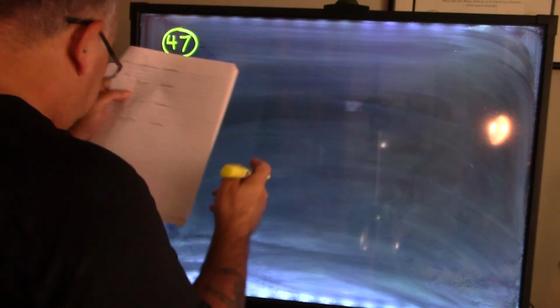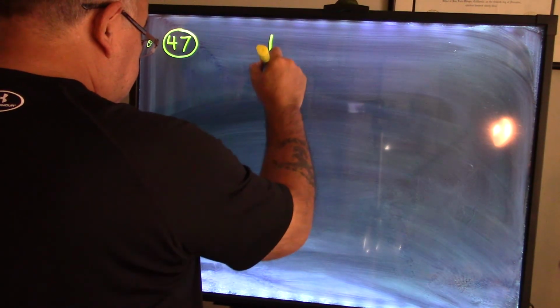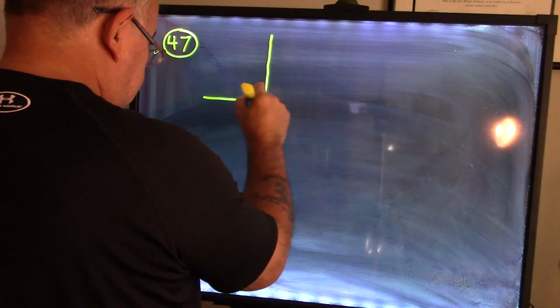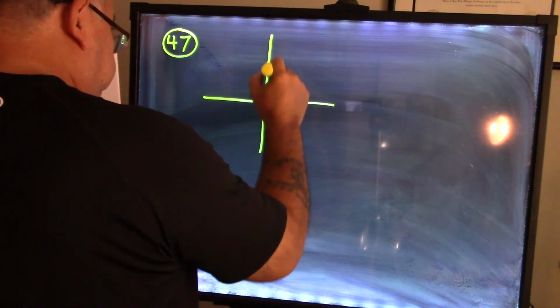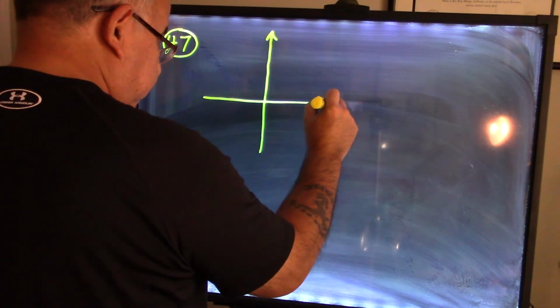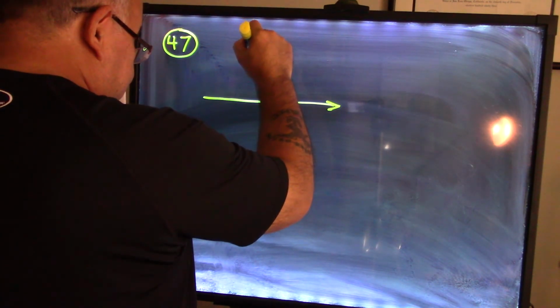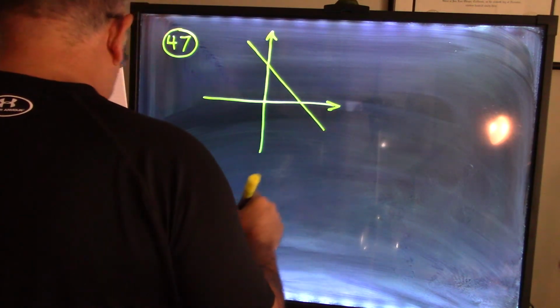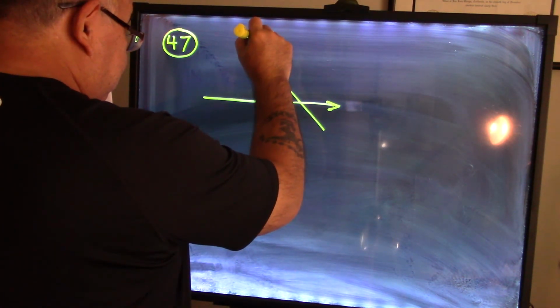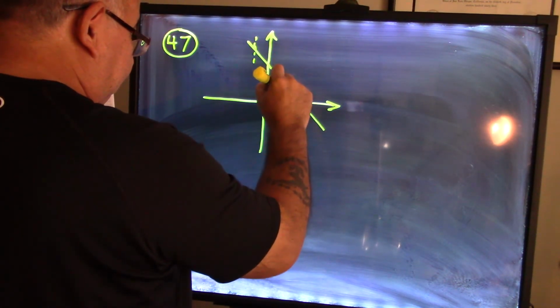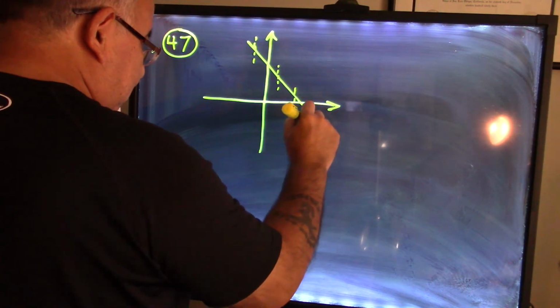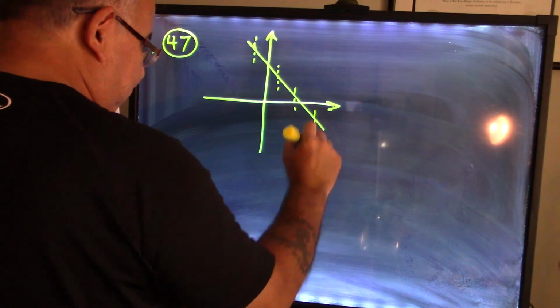Number 47. And it looks like we have a straight line. And of course, straight lines are functions, all right? Except where you have a vertical straight line, of course.